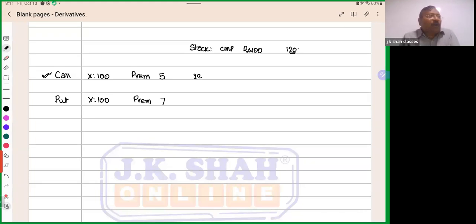What will be the value of the put? Earlier it was 7. Right? Now the stock price has moved up. What will be the value of the put? Will it increase from 7 or will it decrease from 7? पहले भी टाइम वैल्यू ही था.